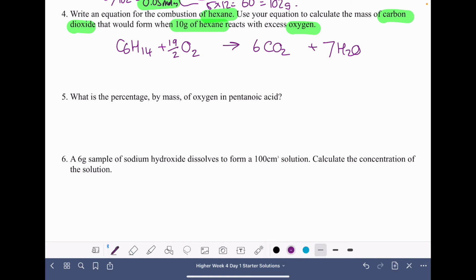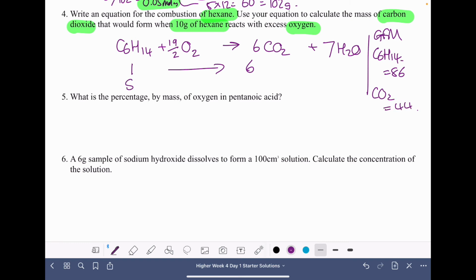The question says, how much carbon dioxide are we going to get when we react 10 grams of hexane? So the mole ratio is 1 to 6. For every 1 mole of hexane, we would get 6 moles of carbon dioxide. What about the GFMs for these? The hexane, C6H14, 12 sixes plus the 14 gives me 86. And for carbon dioxide, that's 44.